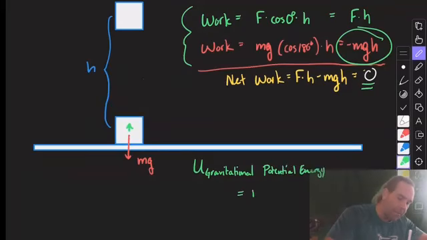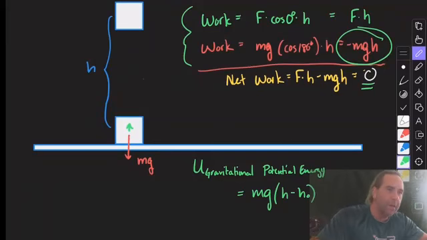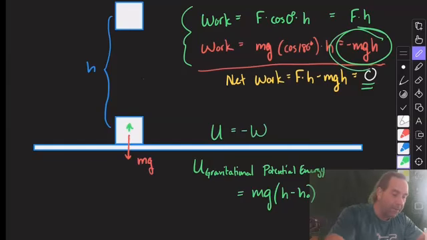That's going to be equal to mg(h minus h naught). I'm going to write it a little different than what I wrote up there. Potential energy is opposite of the amount of work done against that force. So since U is equal to minus W, this is the amount of work done by that conservative force. This is my expression for potential energy.